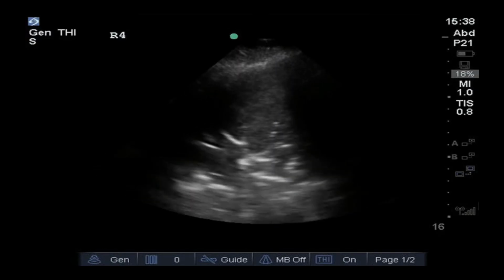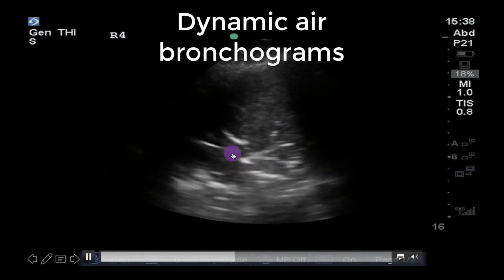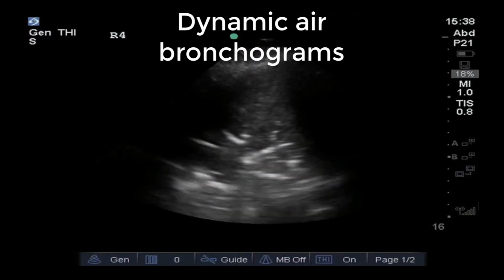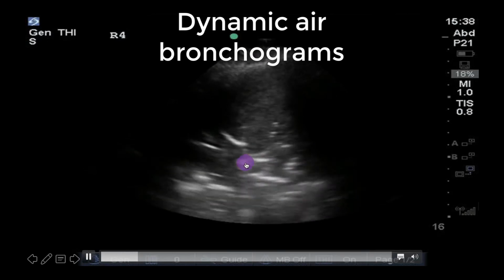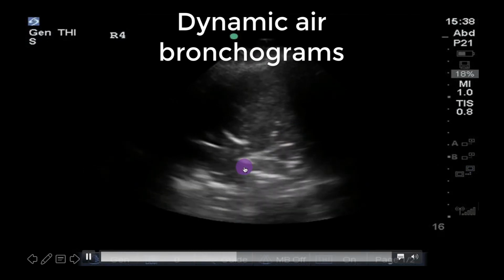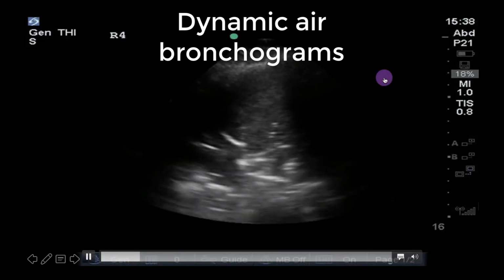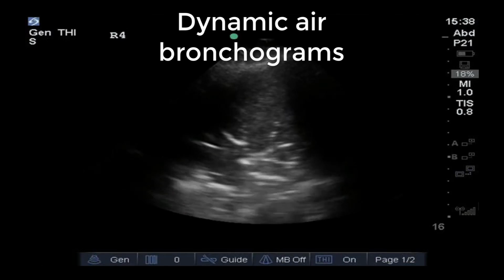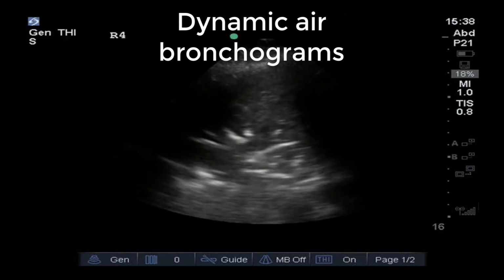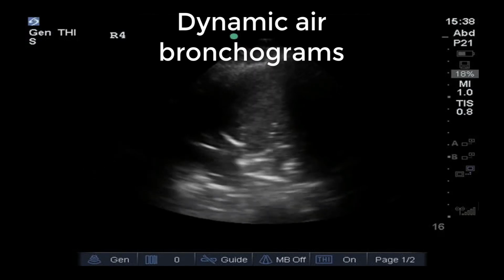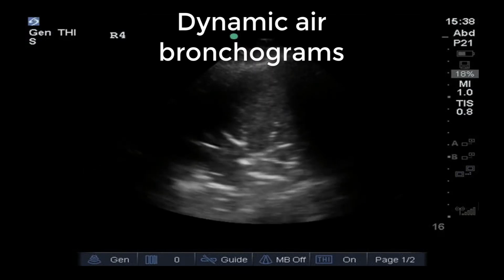Dynamic air bronchograms happen when there is residual air flow in the consolidated lung, causing the air in the bronchi to move with inspiration and expiration. They have a flowing quality, sometimes like rail cars moving on a train track. Usually, if there's air going into the lung, it should be inflated.